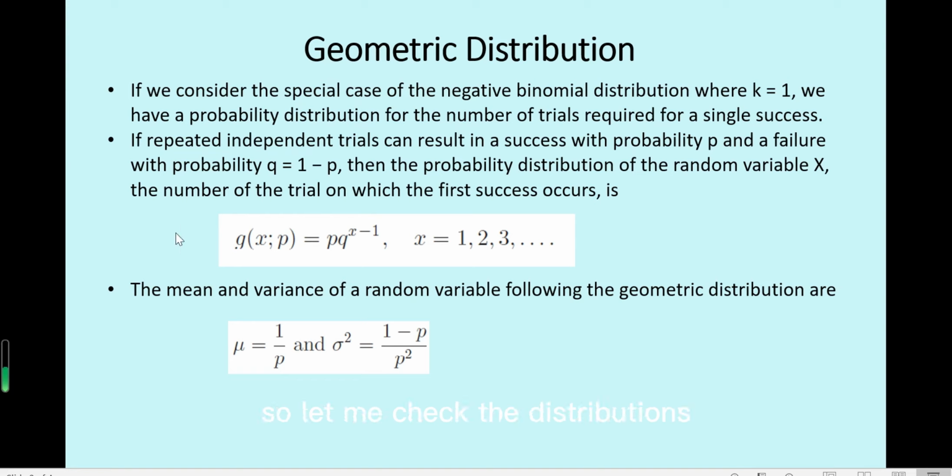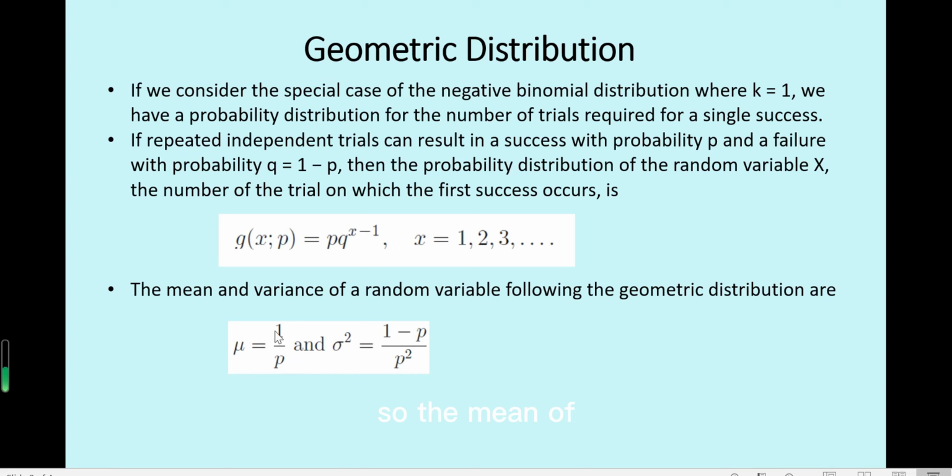The geometric distribution's probability has this form: P times Q to the power x minus 1. P is the constant success rate, and because we only have one success, there is only one P in the product. Q is the failure probability, which equals 1 minus P. Here x can be 1, 2, 3, 4, 5, 6, any integer, and so on.